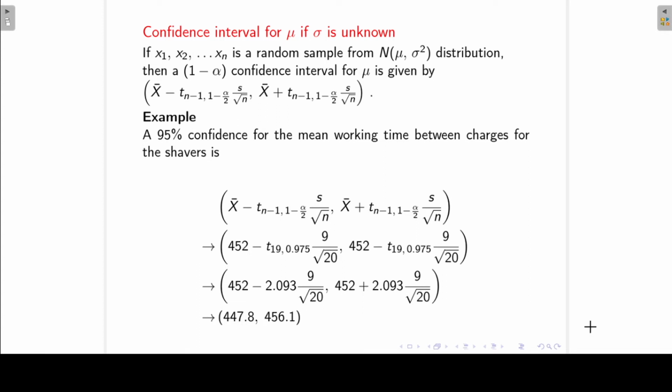Okay, so on this slide you see the 95% confidence interval for the mean working time between charges for the shavers. Now the question is, what exactly do we mean if we say that it is a 95% confidence interval?